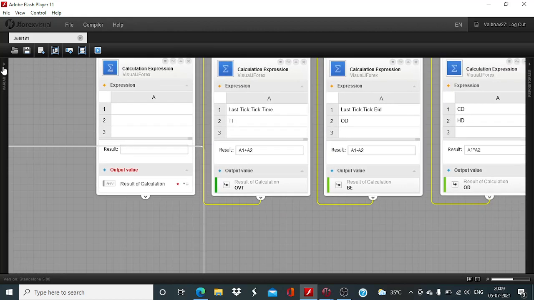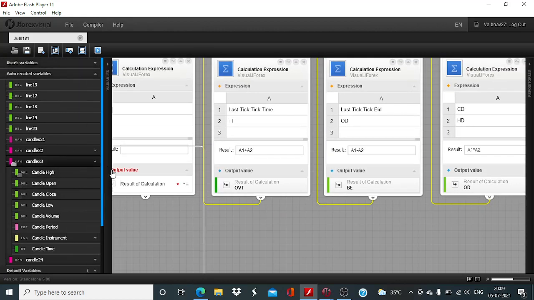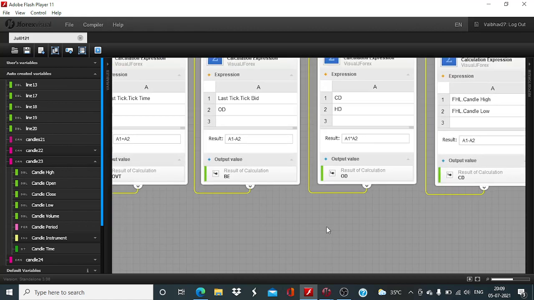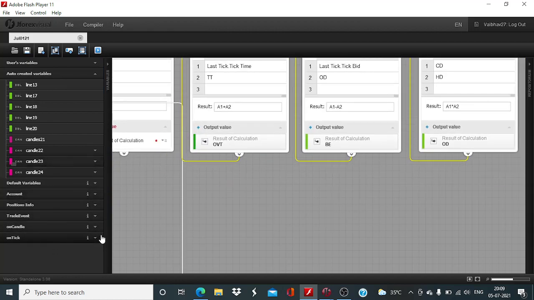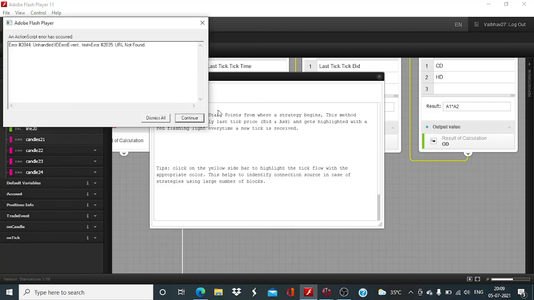This is going to be fairly simple. We want to add the half of the difference of last hour's high and low. So this output value OD will need to be added to the last tick ask.